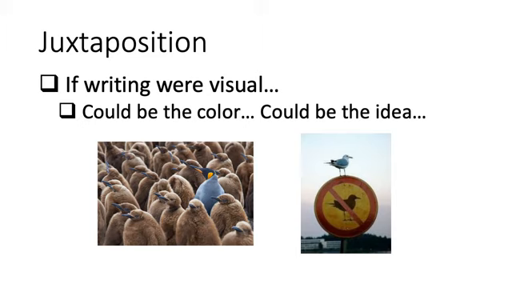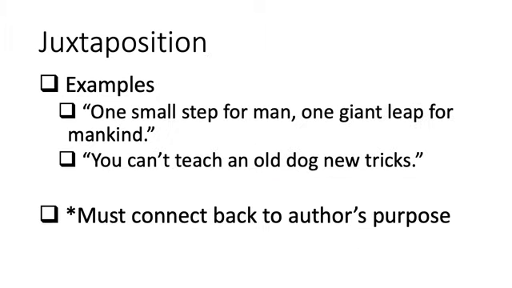And so this bird is almost like defying the rule, which makes us think a certain thing about it. And so that contrast, that difference between these two is what creates the idea. And I want to point out, it's not just color, it could be the idea. And so sometimes you have to realize if someone's talking about an idea, it is not necessarily going to be something that's tangible.